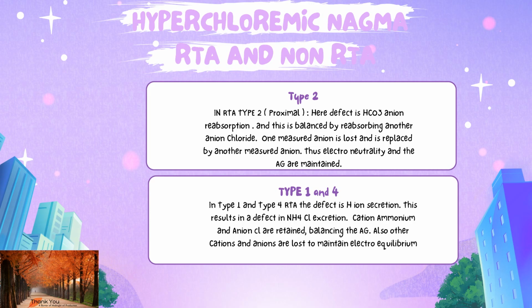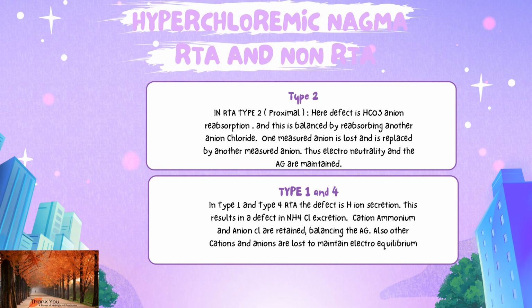It's important to remember that urine acid excretion equals urine ammonium chloride excretion. If we remember that, then we would understand type 1 and type 4. Hydrogen ion needs to combine with ammonia to form ammonium, which combines with chloride to form ammonium chloride.